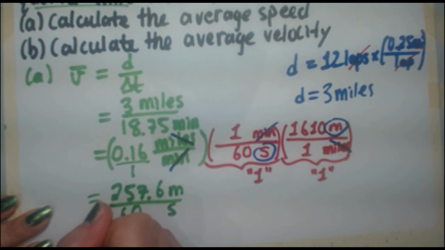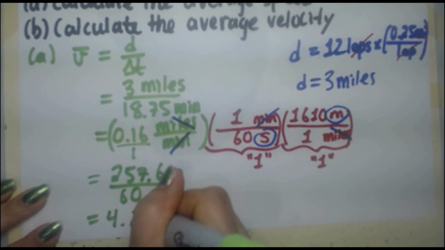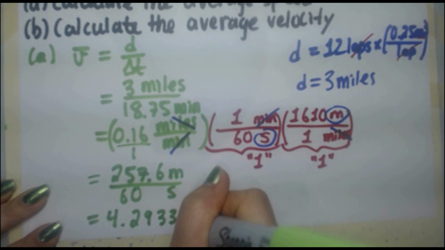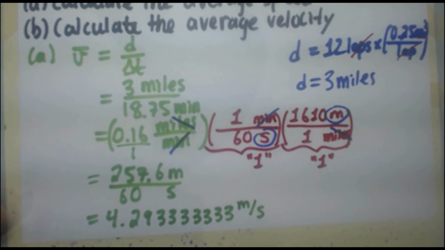If you enter that in your calculator, you're going to get 4.29333333 meters per second. That's a very high level of accuracy, more than the level of accuracy that we were given in the original question.